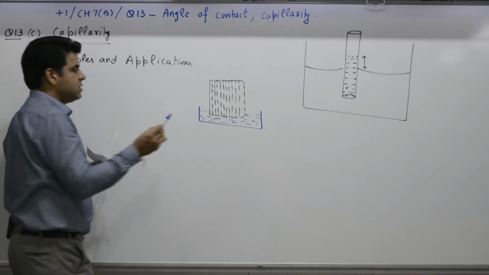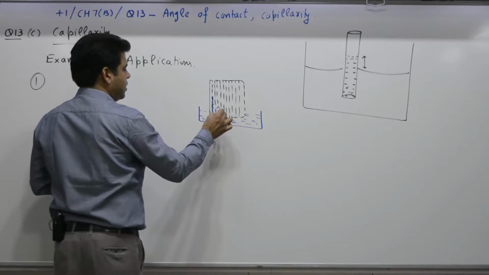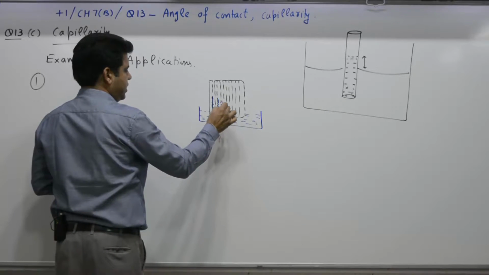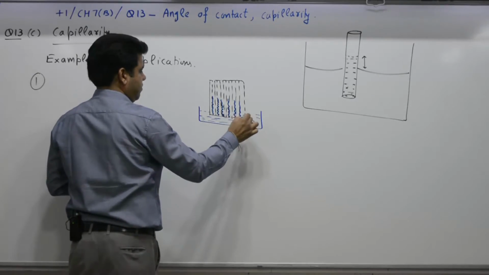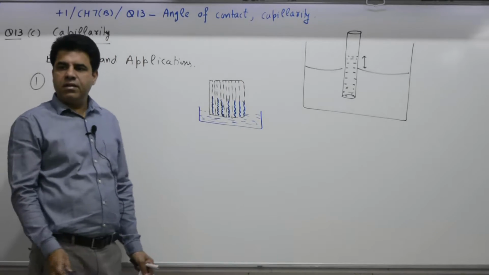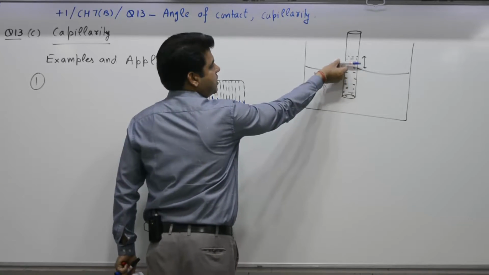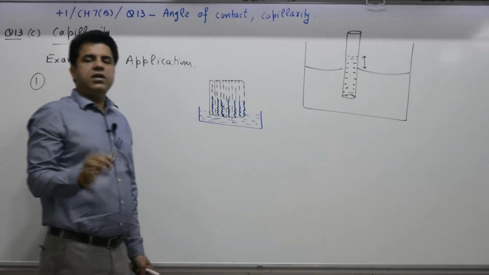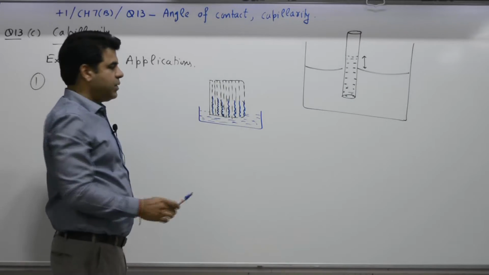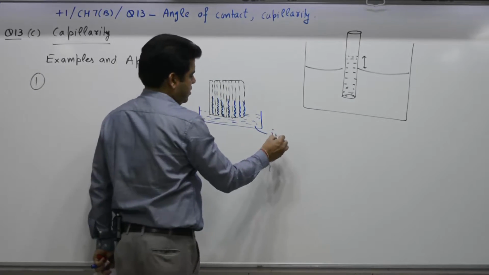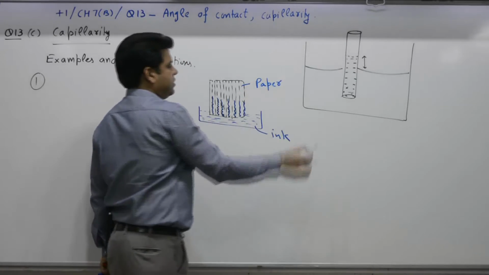What you observe is, after some time, this blue ink moves upward. Why? Liquid moves up in a fine capillary tube. So, this is what a blotting paper is. This is ink. This is a blotting paper.